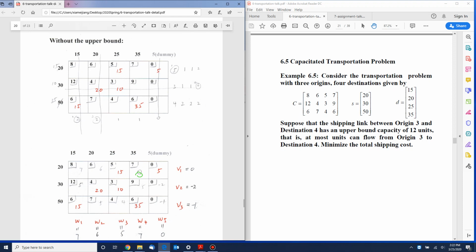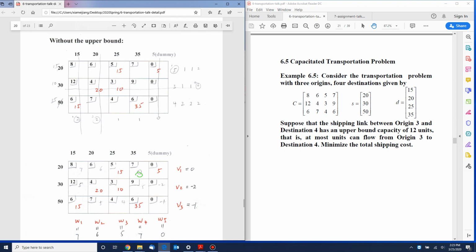For x11, v1 plus w1 equals 7, and we just continue to work it out. In this way, you can find that for all these non-basic variables, vi plus wj minus cij is less than or equal to 0. So we have already reached the optimal solution.